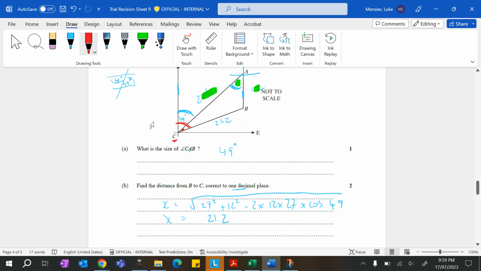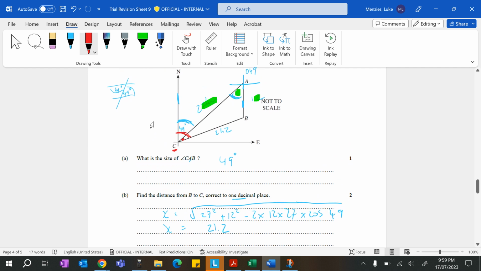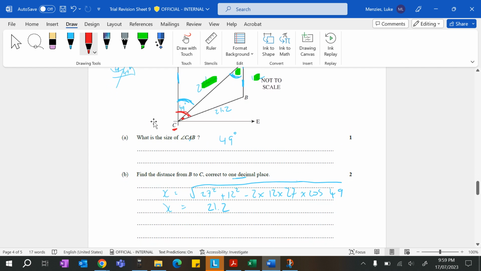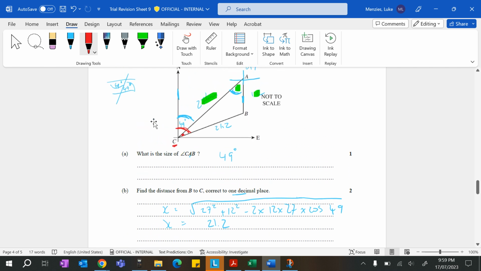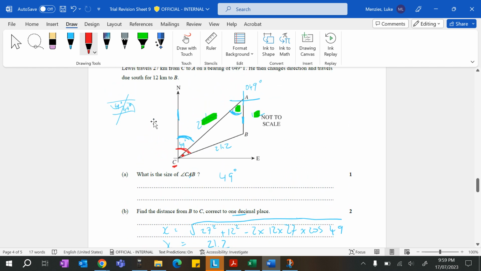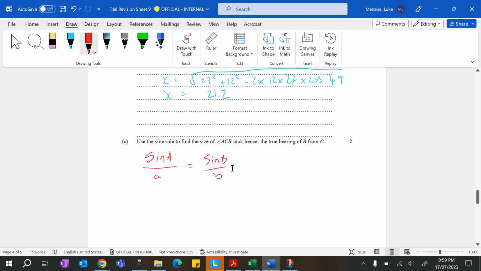Personally, I would have gone cos rule, which would have been heaps easier, but they've asked us to use sine, so let's use sine. We need a matching pair. We don't know this angle in here, but we do know its corresponding side, so we'll leave it as A.